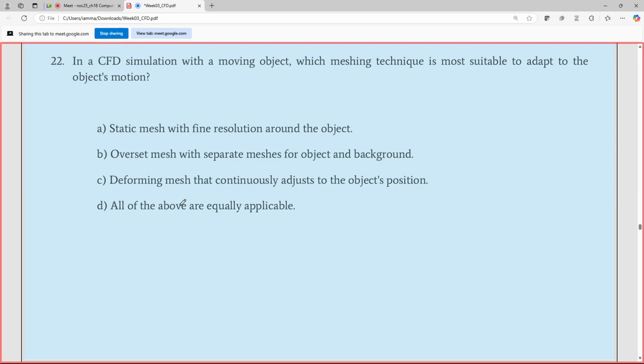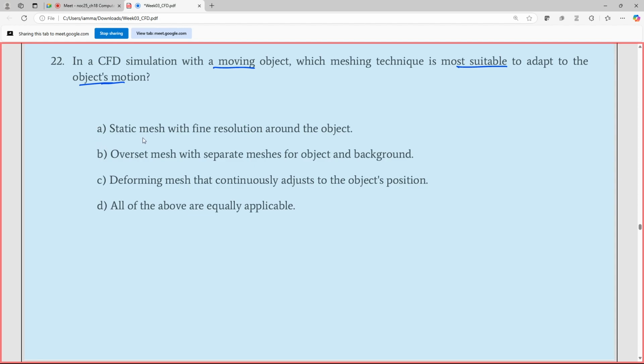Next question. In a CFD simulation with a moving object, which meshing technique is most suitable to adapt to the object motion? So the question is, when we are running a CFD simulation with a moving object in it, which of the following meshing techniques is most suitable to adapt to the object's motion?